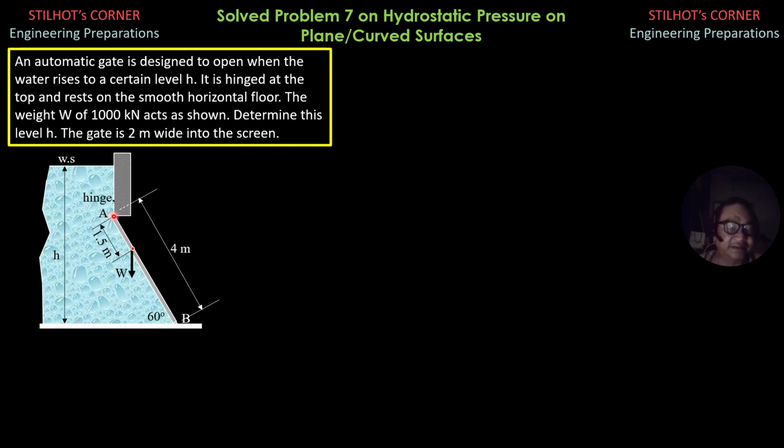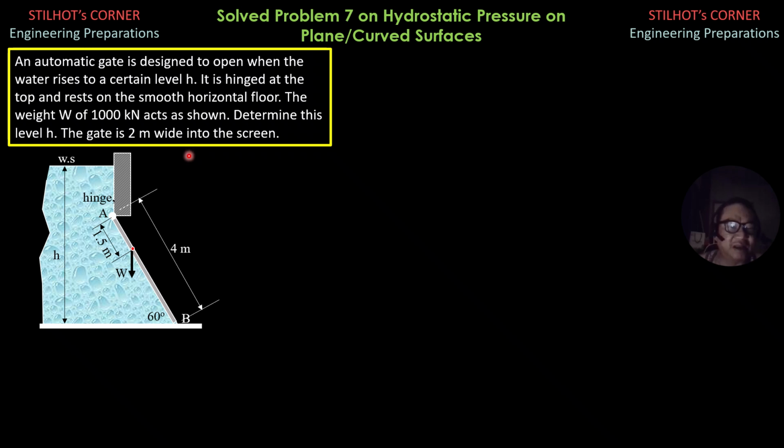This is the gate and it is 4 meters here. It's not mentioned there, but the length here is 4 meters, and therefore the center of gravity of the gate is 2 meters from the hinge A or 2 meters from B. The gate is 4 meters long and 2 meters wide, so the area is 2 by 4, which is 8 square meters.